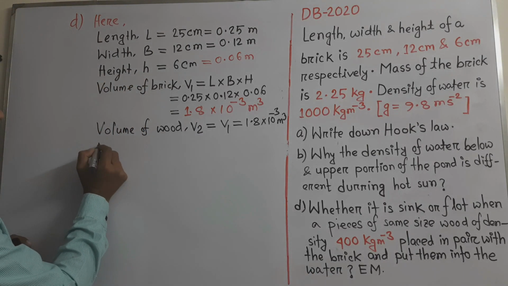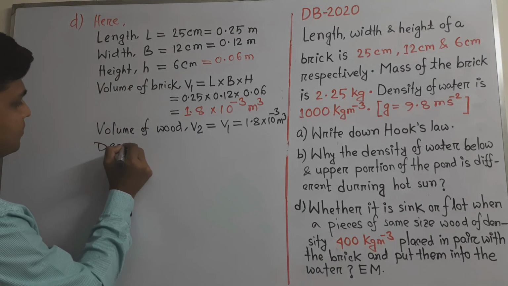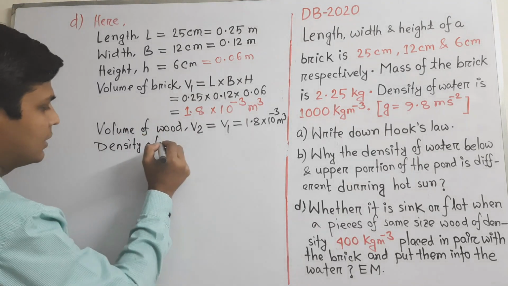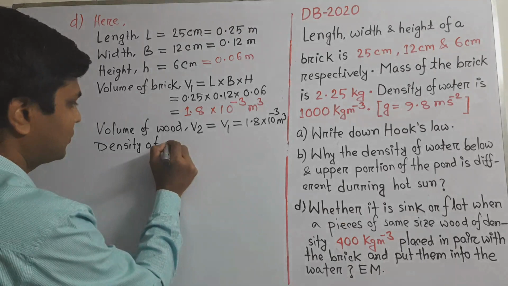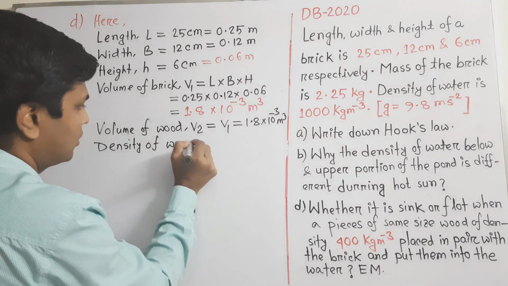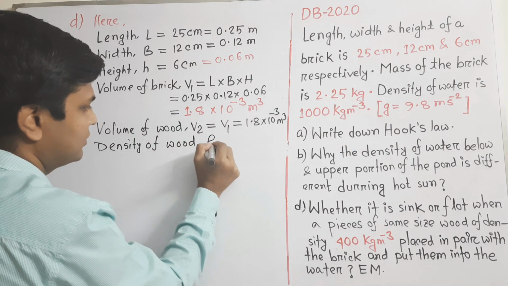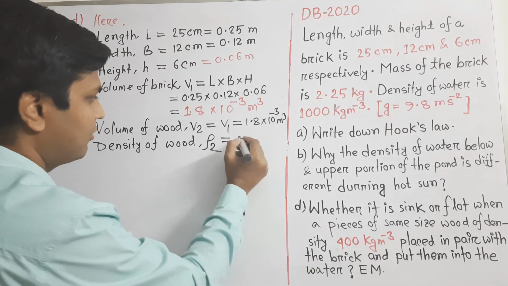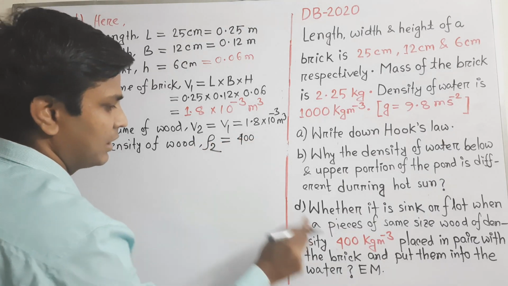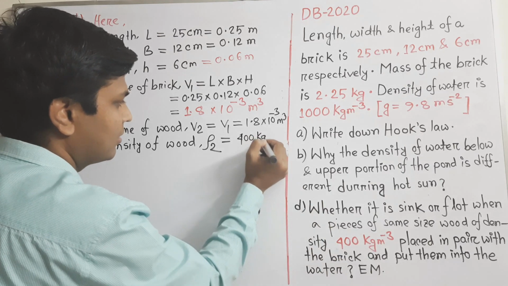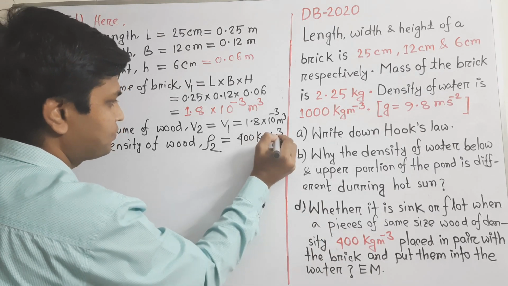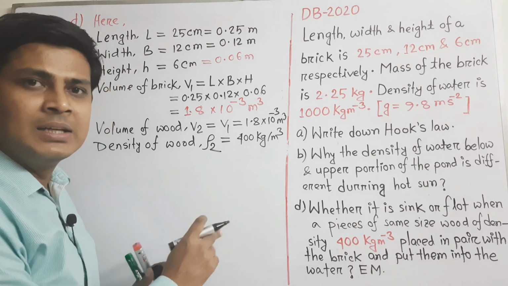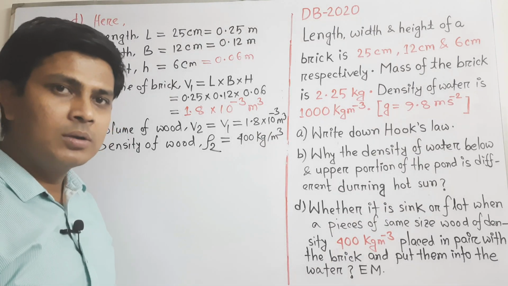So we can write here density of wood. Suppose this is rho 2 and rho 2 is given here 400 and unit is kg per meter cube. Now we can easily calculate the mass of the wood.